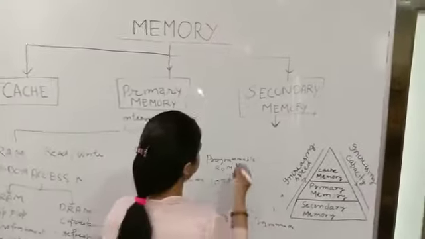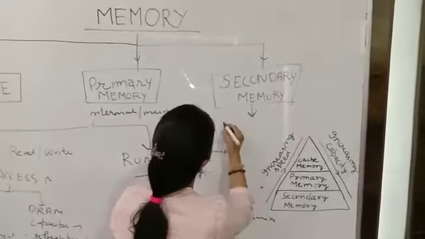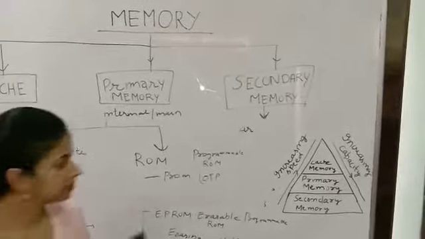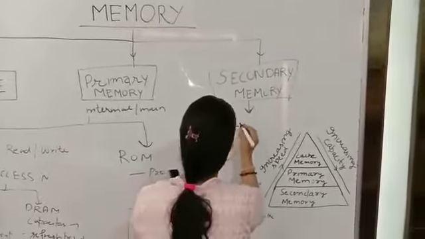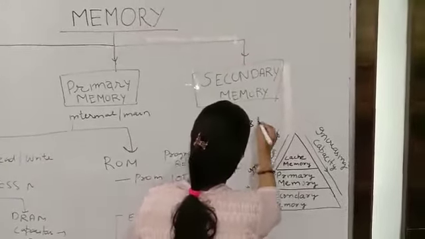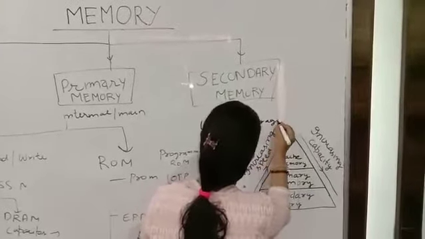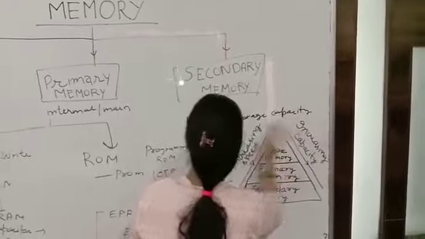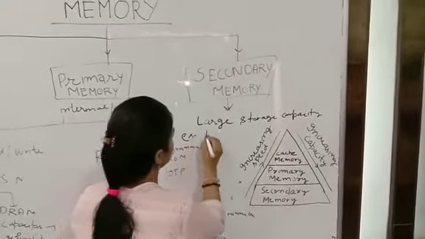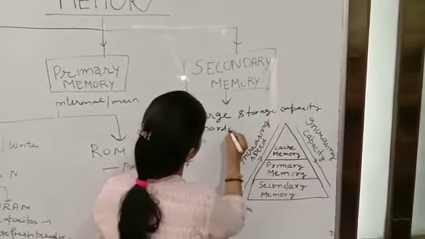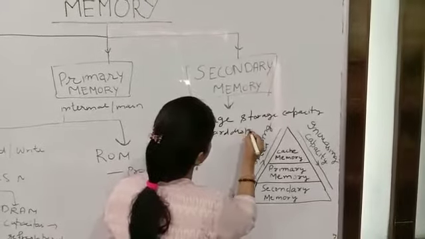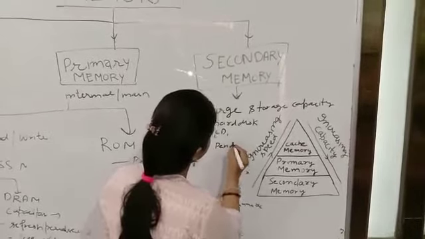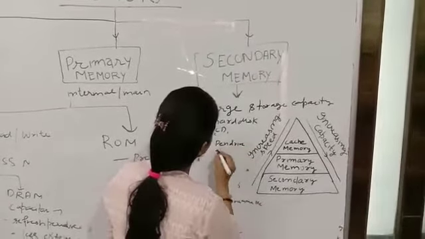For this we have secondary memory, which has large storage capacity. Examples of these are hard disk, CD, pen drive, etc.